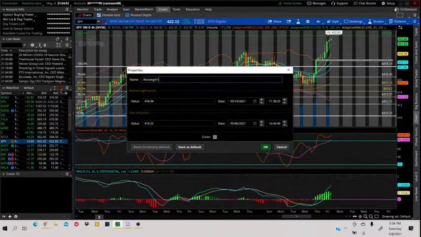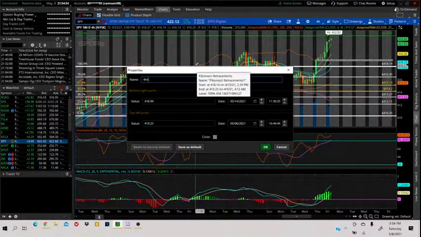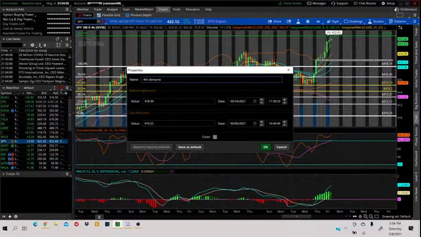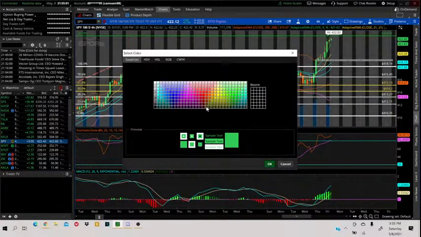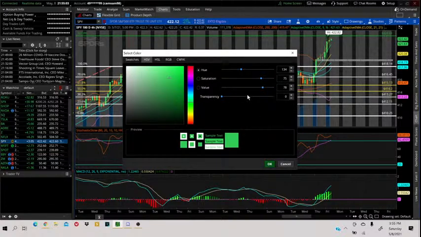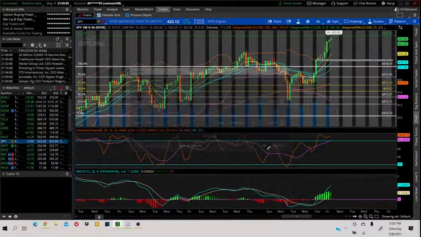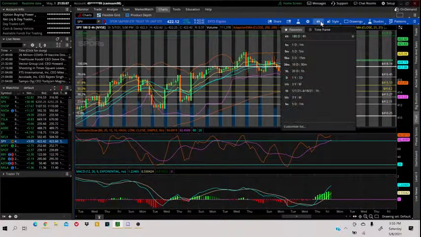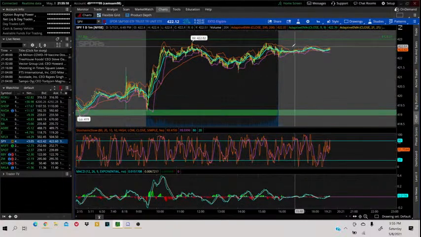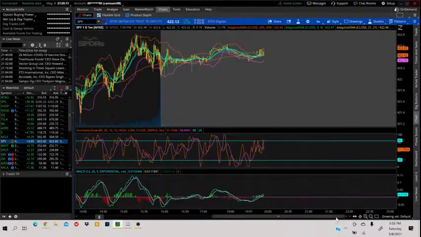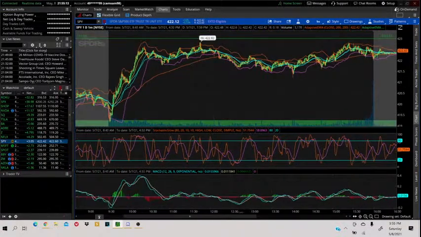So edit properties again for 4 hour demand. Got that. Make it green. And then once again we go and make it transparent right there. Apply. Okay, then let's move to the 1 minute time frame, see if we can see any type of reversal here within this demand.